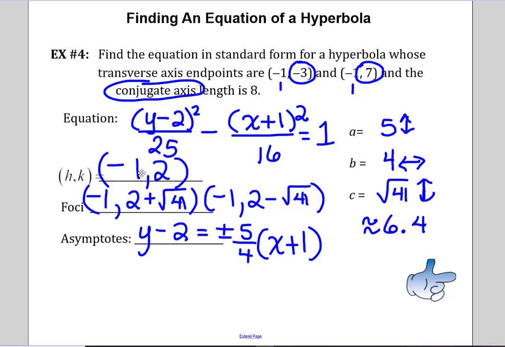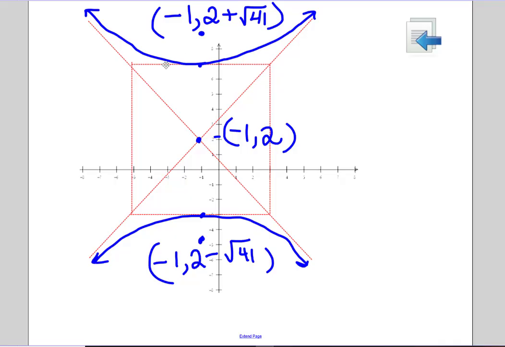Now, just a word of caution, you notice that I'm using the a value as the first term. The first term was y because our branches were centered vertically. Our transverse axis is a vertical line at x equals -1.